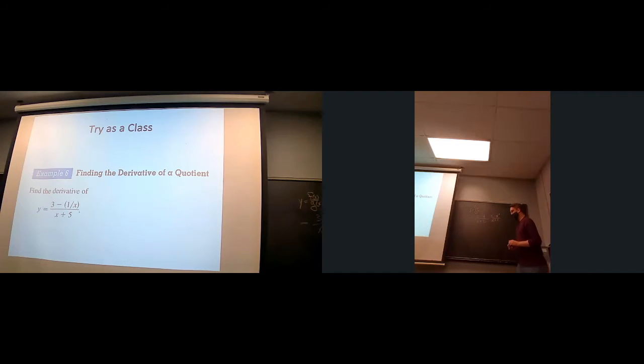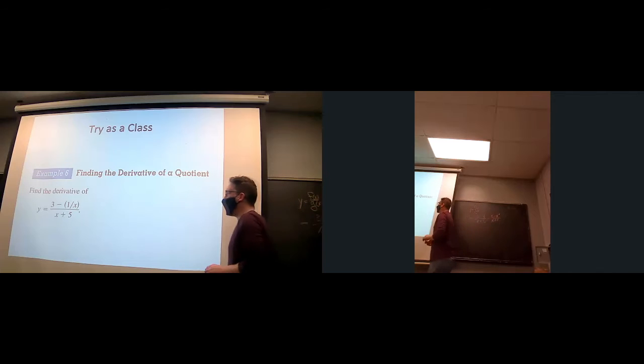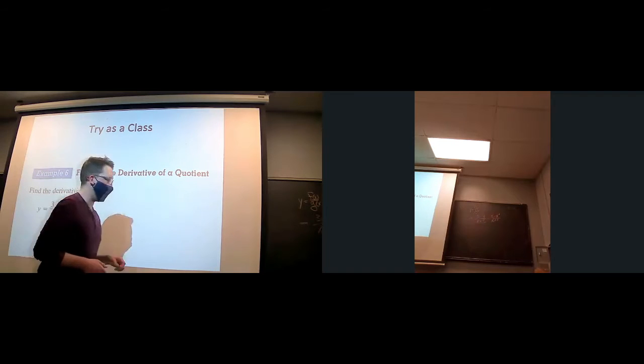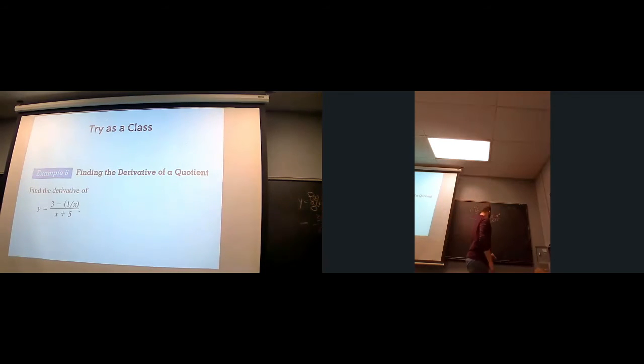All right, so this is our y value. Given this, now we know what our f and our g are, right? We know what our numerator and our denominator can be rewritten as.